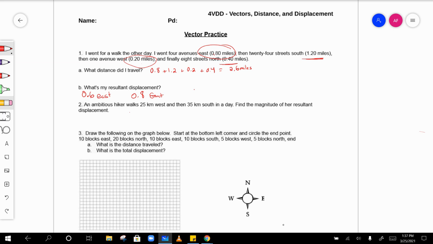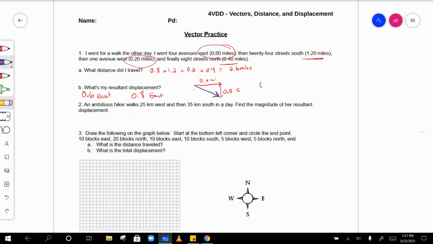So that means we move 0.6 east, 0.8 south, and our resultant vector will be this one.